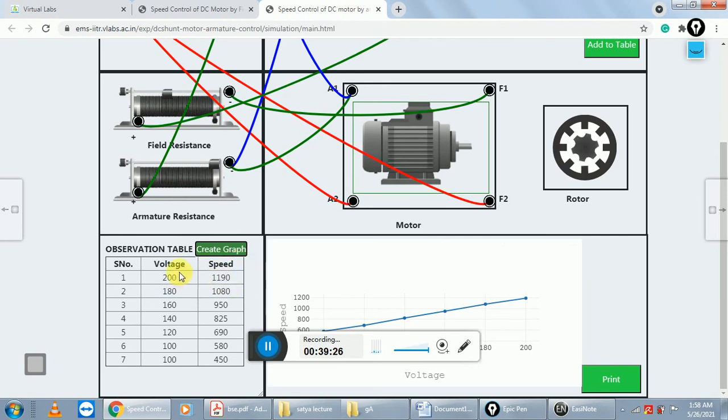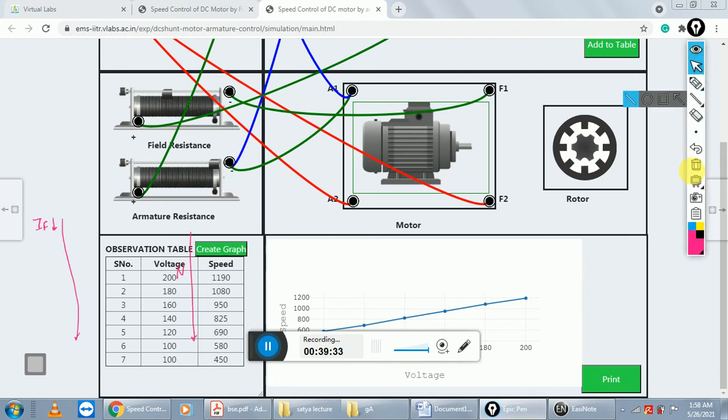Here it is clearly visible that when we increase the voltage drop across the armature, the Ea voltage decreases, and Ea voltage decreases means N decreases.